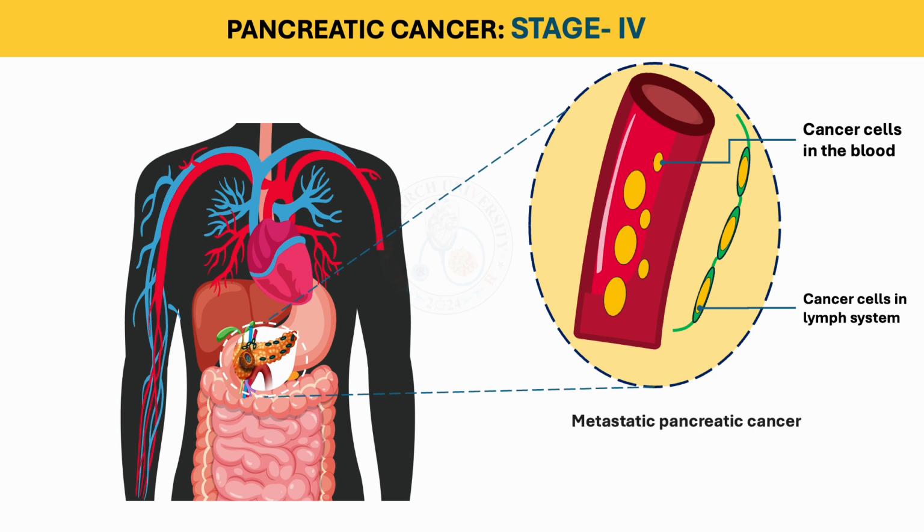Treatment options for this stage, such as chemotherapy and targeted therapy, aim to manage the symptoms and improve the quality of life. However, the prognosis is generally poor and early detection is crucial for a better outcome. Despite treatment, stage 4 pancreatic cancer remains challenging to manage due to its advanced nature.